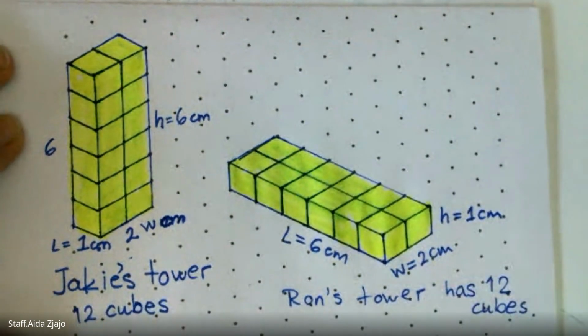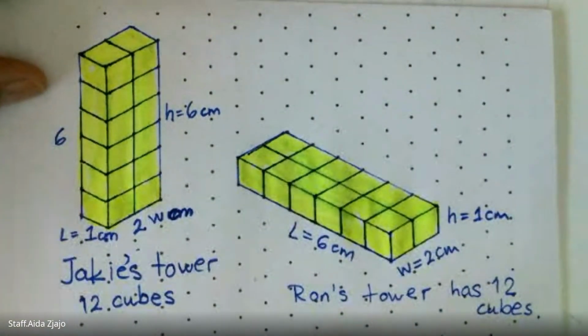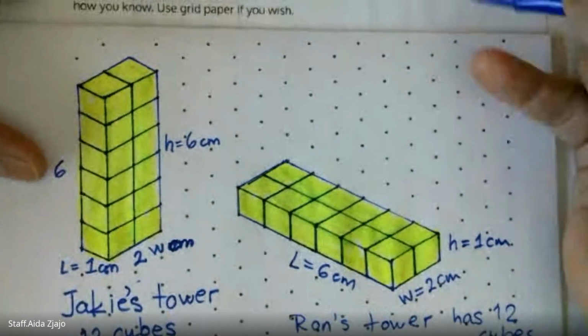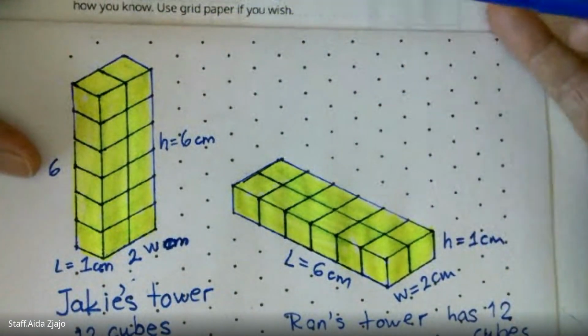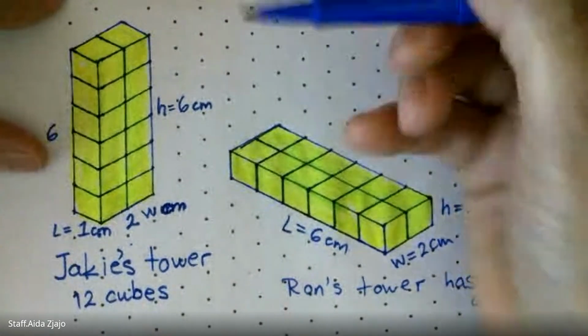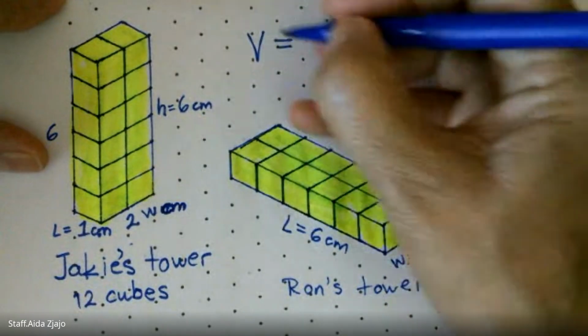Okay, so the volume is the same. Ron says that the structures have the same volume. So Ron is correct, because the volume is how many cubes there are.